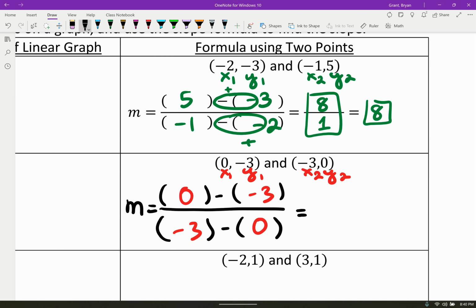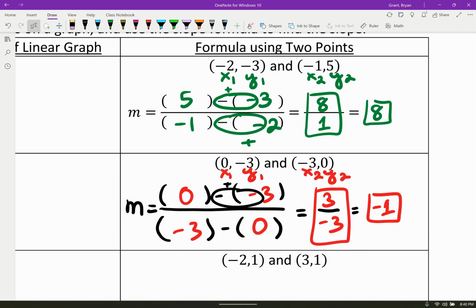I'm going to do this without a calculator with the expectation that if you do need help that you can do this on your calculator, but 0 plus 3 is going to give us 3, and -3 minus 0, we're not changing at all, is -3. Any number divided by itself is, of course, -1. So two different answers, they mean the same thing. It's a steepness of -1.